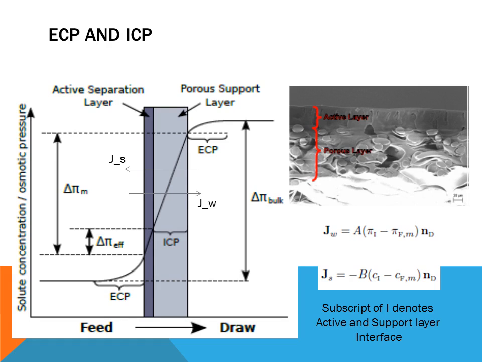Inside the membrane, the porous layer, which basically stops the active layer from breaking, is like a scaffolding. It allows flow through it, but is not a very convective material. So as soon as water passes through this active layer, it effectively gets trapped right here, and the draw flow cannot wash it out.